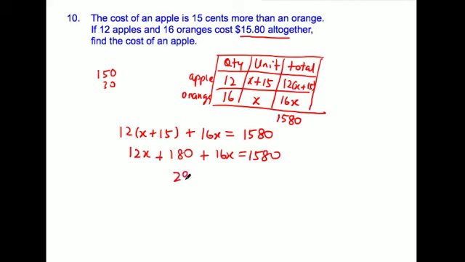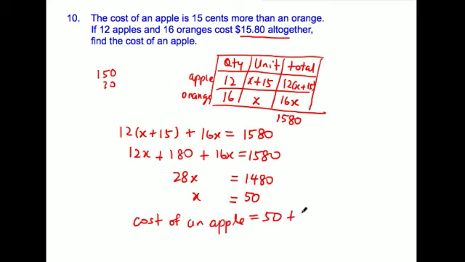We have 28x equals 1480, and dividing it will give us the cost of an orange, which is 50. So the cost of an apple is 50 plus 15, which is 65 cents.